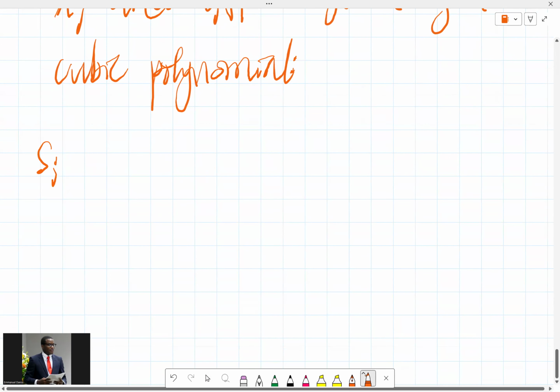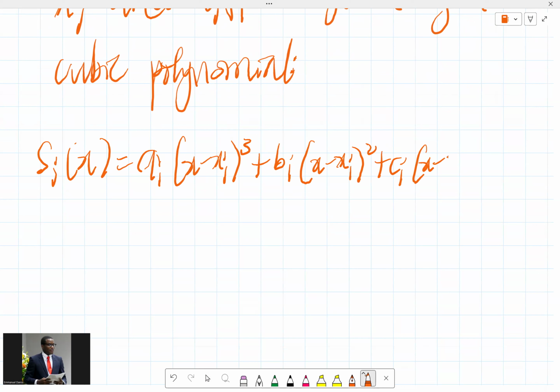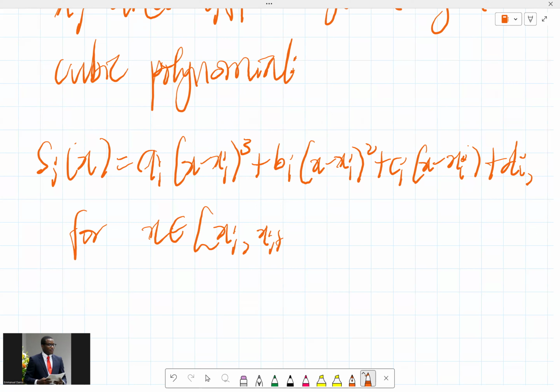You have Si of x equals ai into (x minus xi) cubed, plus bi into (x minus xi) squared, plus ci into (x minus xi), then all of that plus di, and this is happening for x belonging to the interval xi to xi+1.